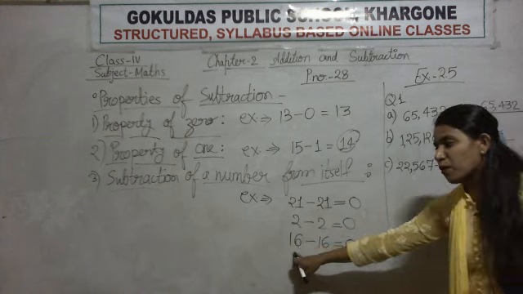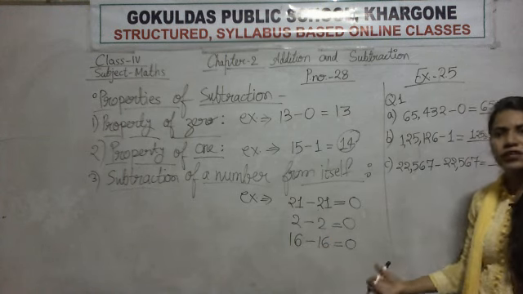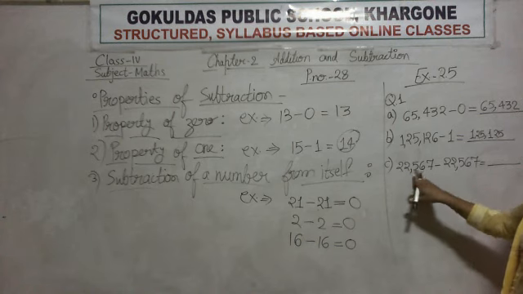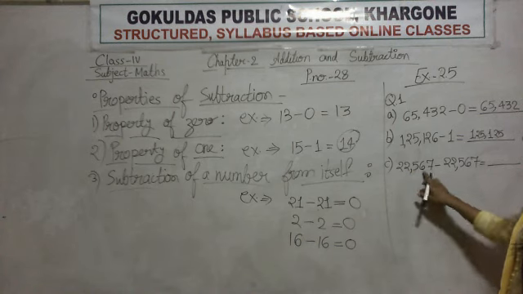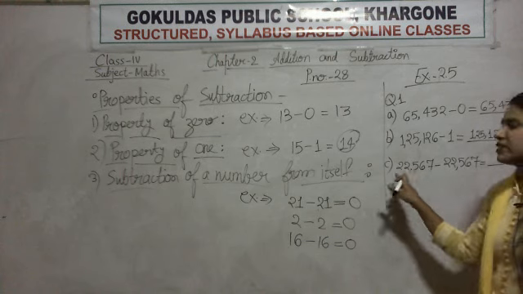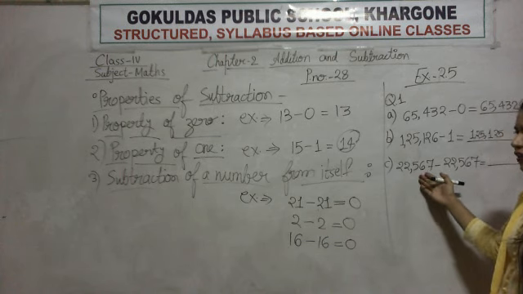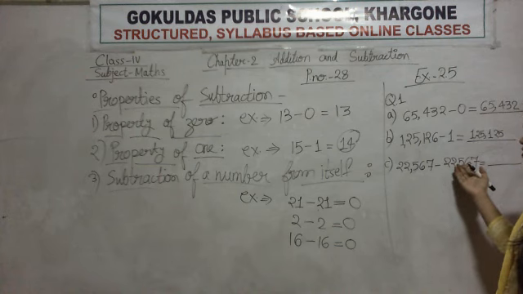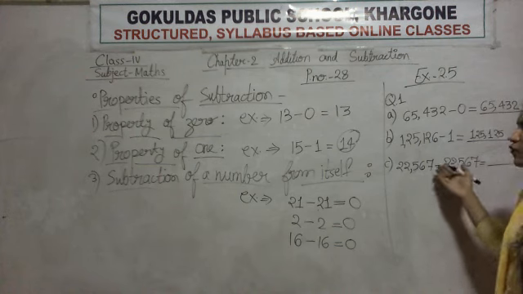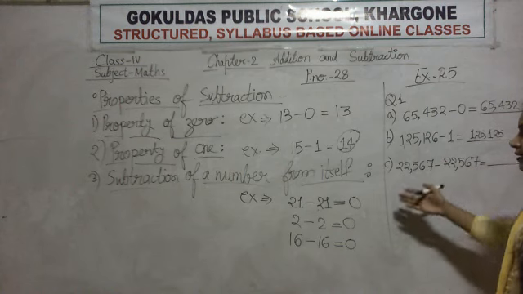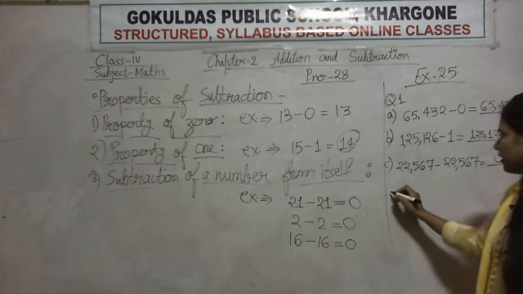When you subtract a number from itself, you get 0. Now observe these two numbers: all the digits are the same. This is 22,567 and you are subtracting 22,567 from it. When you subtract a number from itself, you get 0, right?